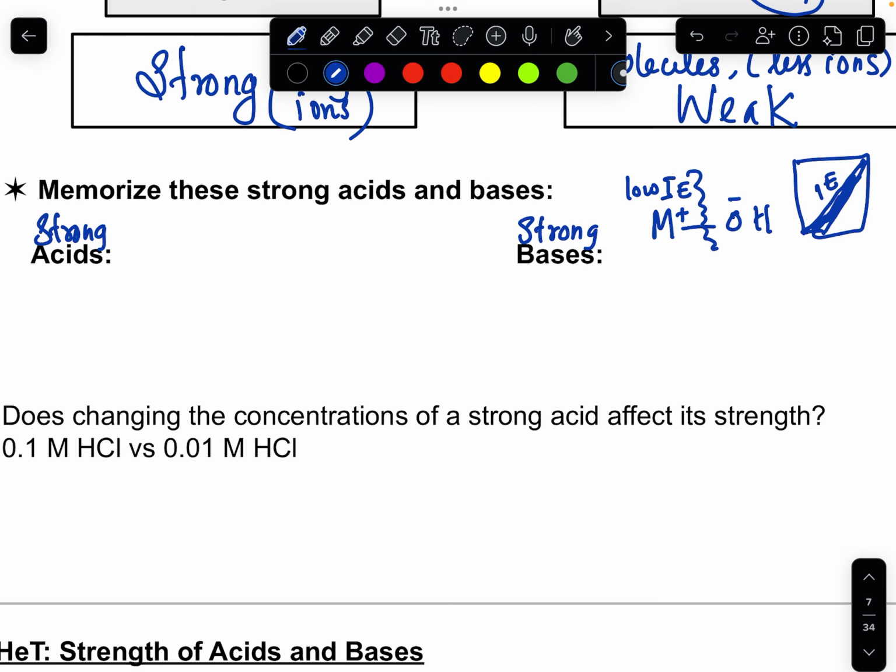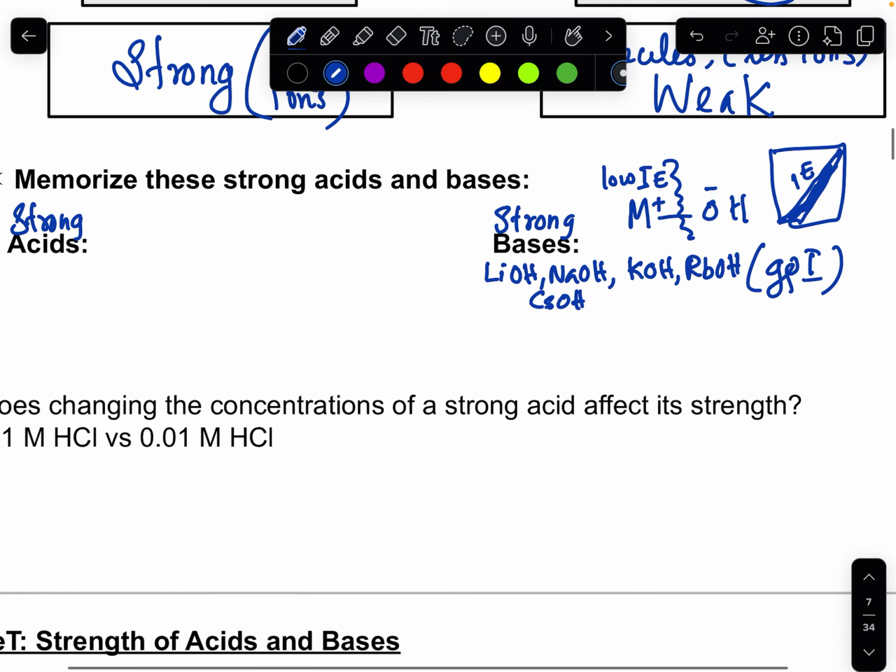So group 1 hydroxides, say for example lithium, sodium, potassium, rubidium, cesium. All of them, all group 1, are strong bases. So easy to remember, right? And group 2 except beryllium and magnesium.